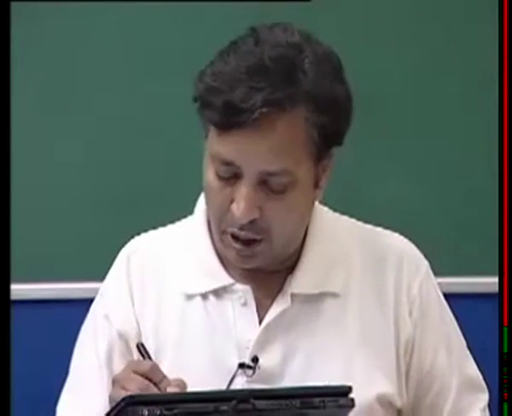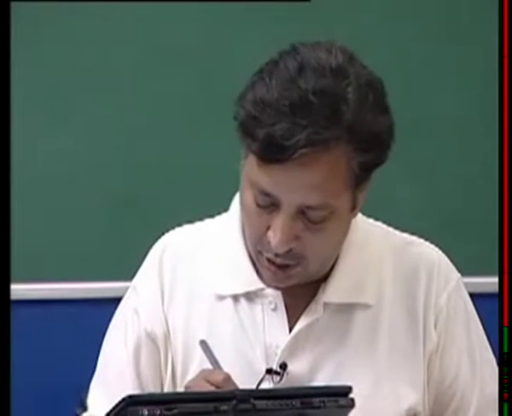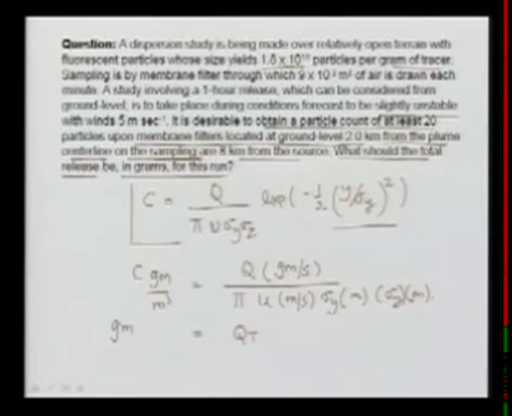I can take the unit seconds on this side and write this as grams per meter cube second. So basically this Q, I can write as Q_T, which is exactly the mass that I need to emit, and the rest of the things remain simply the same.